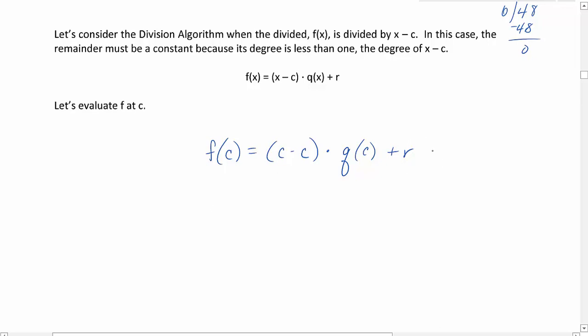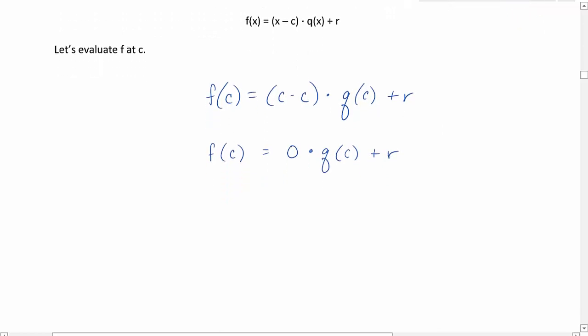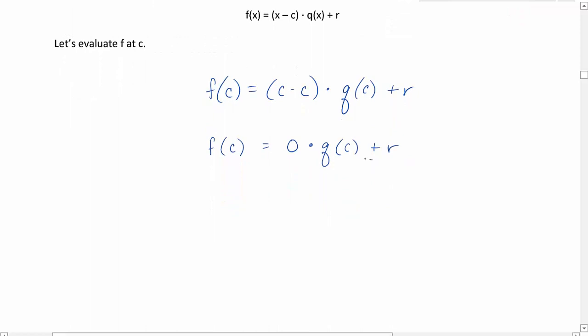And the reason we're not writing r of x there is because we know that it's a constant, so there's not going to be an x involved, so we're just writing r instead of r of x. F of c is going to be equal to c minus c, which is 0, times q of c plus r, and then 0 times q of c cancels out to be 0, and we get that f of c is equal to r.